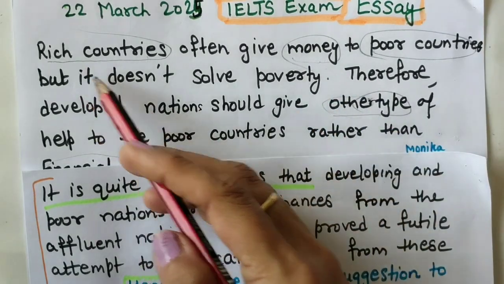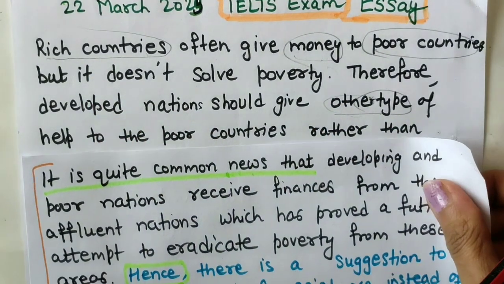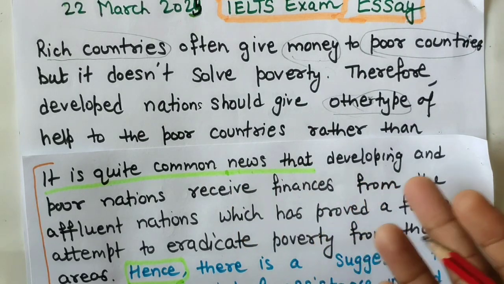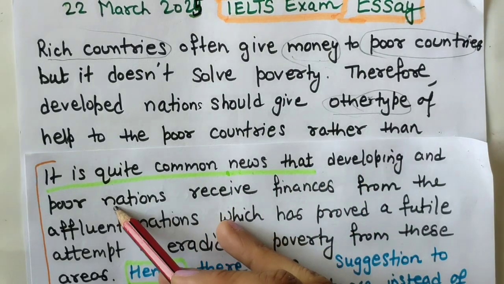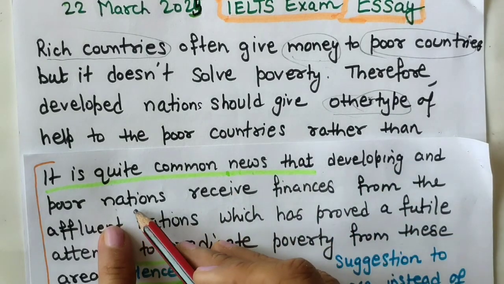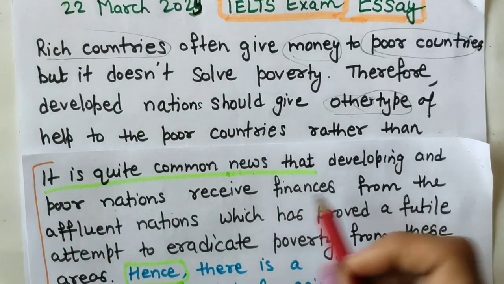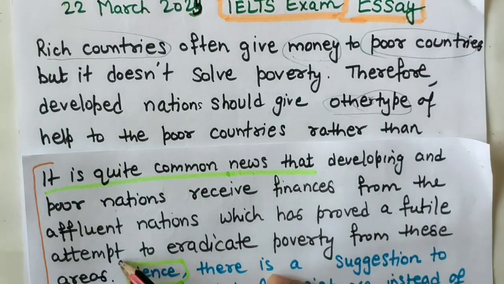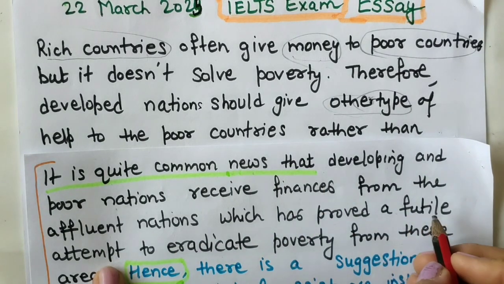Instead of poor countries, I have written developing and poor nations receive finances from affluent nations, which has proved a futile attempt, meaning a useless attempt.